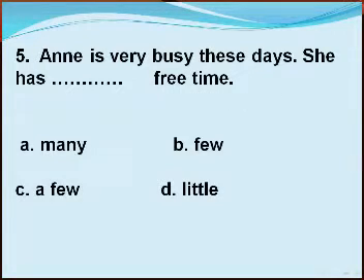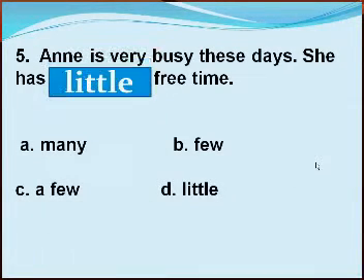Of course, it's little. We cannot use few or a few because it's not countable. We don't say one time or 2 times, we can say 1 hour, 2 hours, but for free time, it's not countable. So we use little.